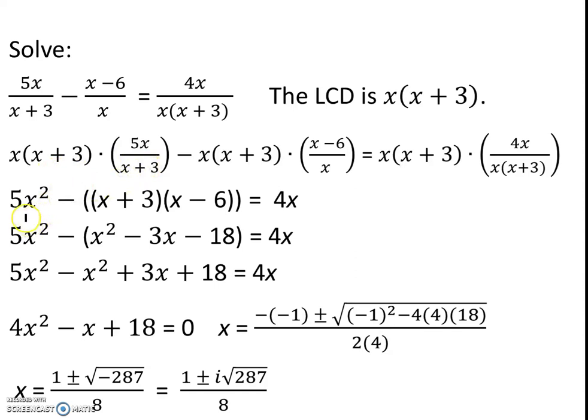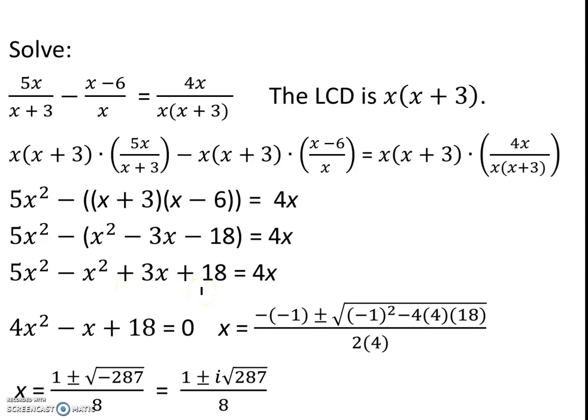And when we do that, we get 5x squared minus the quantity x plus 3 times x minus 6, all equaling 4x. Doing this FOILing in here, we find that we have x squared minus 3x minus 18. Still have that negative out in front, so that makes the x squared negative, the 3x positive, and the 18 positive.